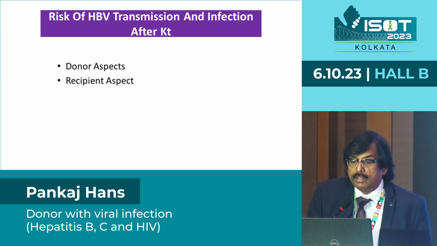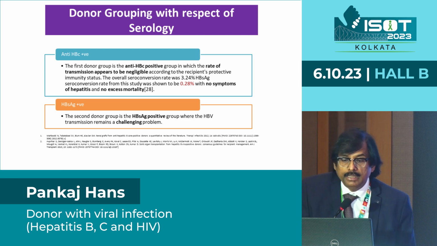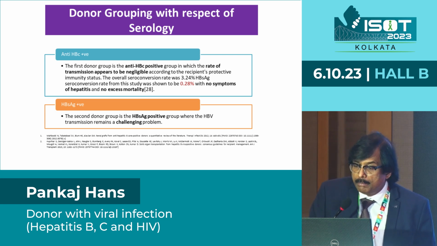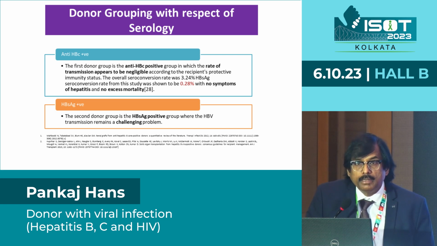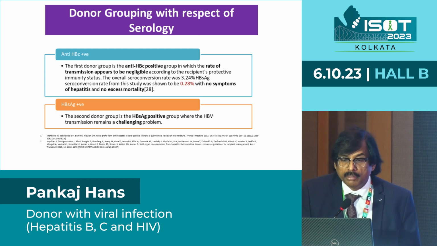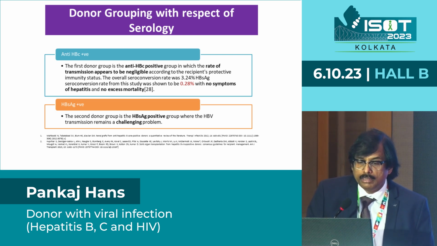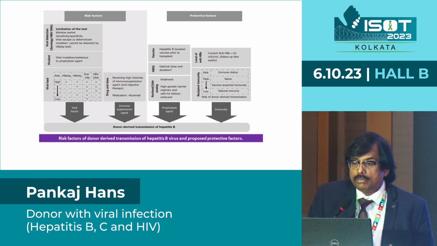So what are the donor aspects? If the donor is anti-HBc positive, the risk of transmission is very minimal and there are no symptoms of hepatitis and no excess mortality, as I will show in further studies. But the main concern is the HBsAg positive group, that is the main challenging one. So we have divided into two groups, risk factors and protective factors.